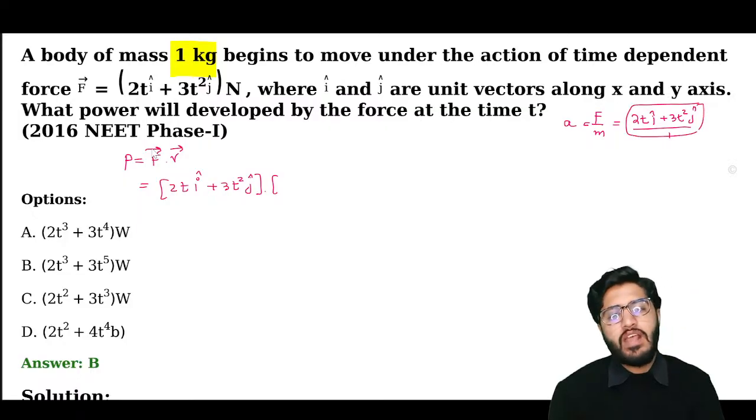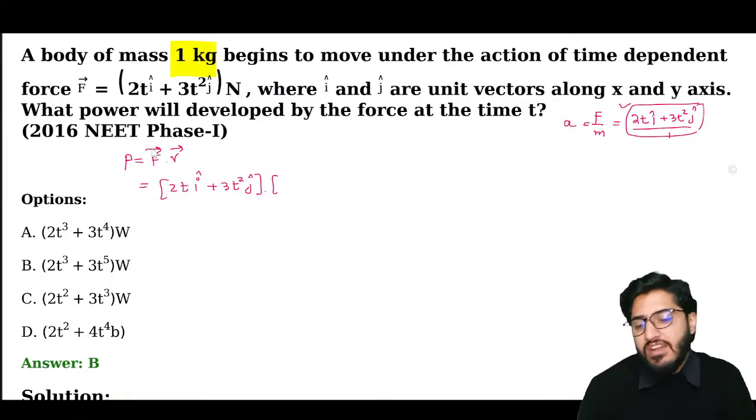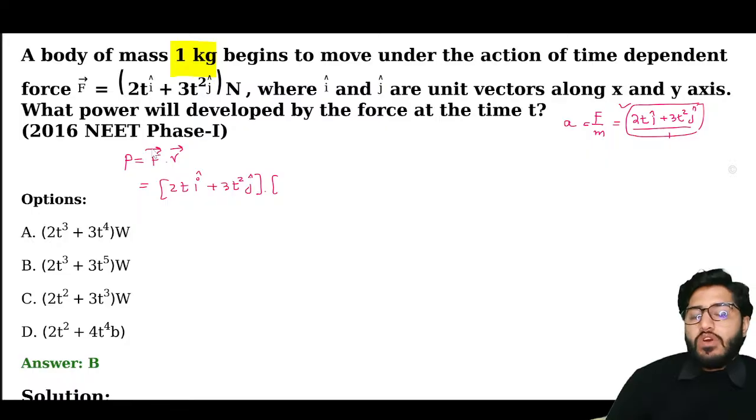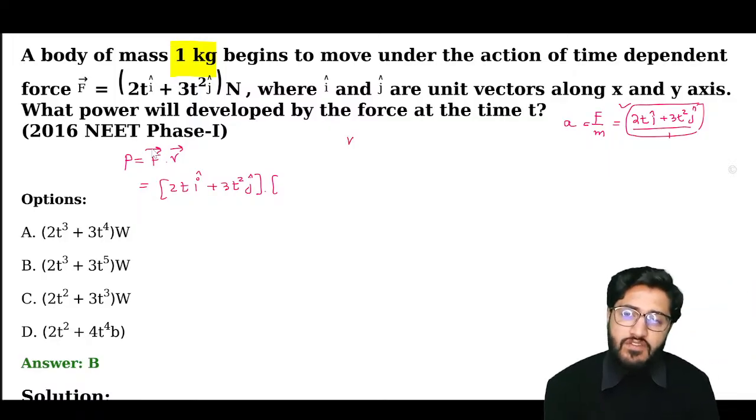Now we got acceleration also, but I need velocity. So is there any relation which relates acceleration and velocity? Yes. If I do the integration of acceleration, I will get the velocity. So velocity will be equal to the integration of acceleration with respect to time.